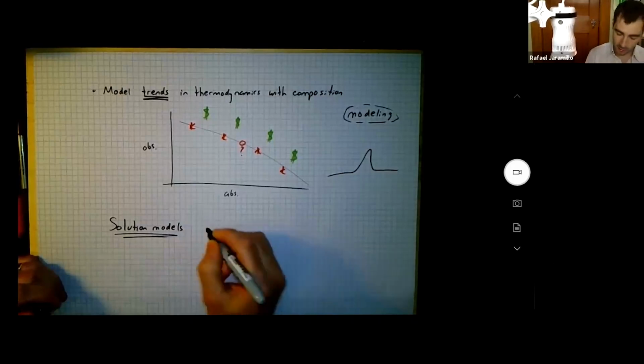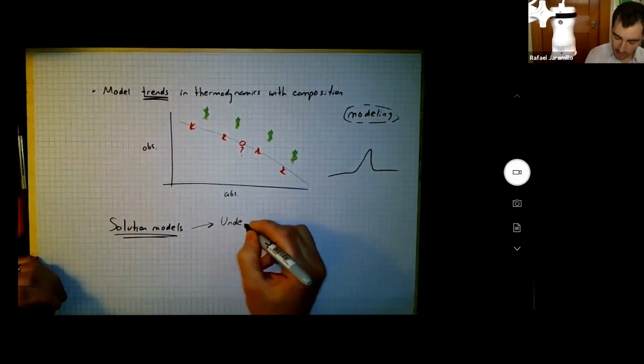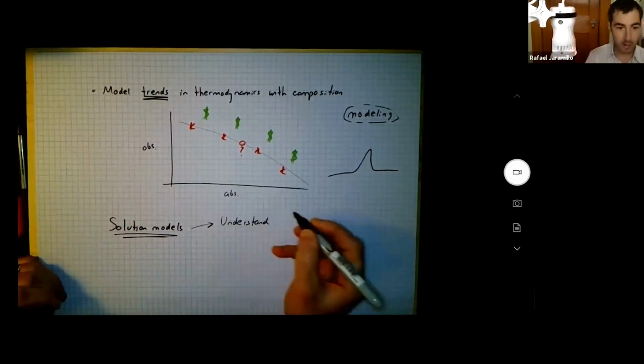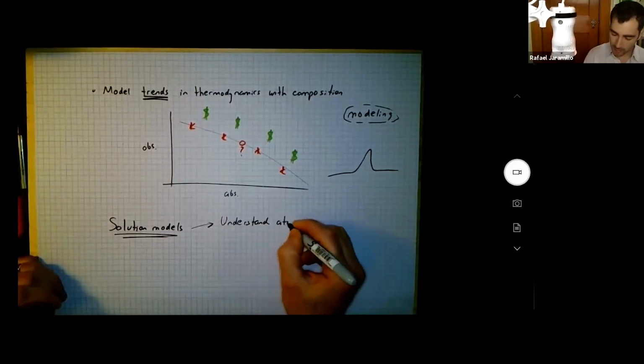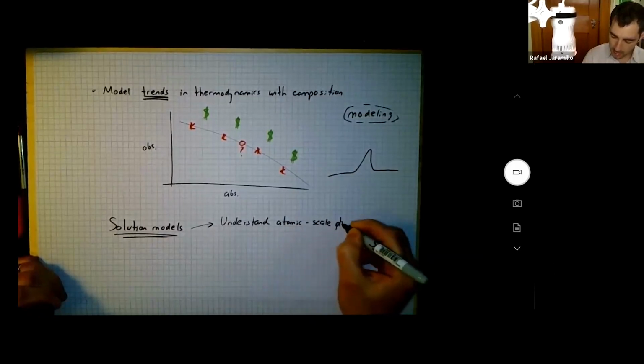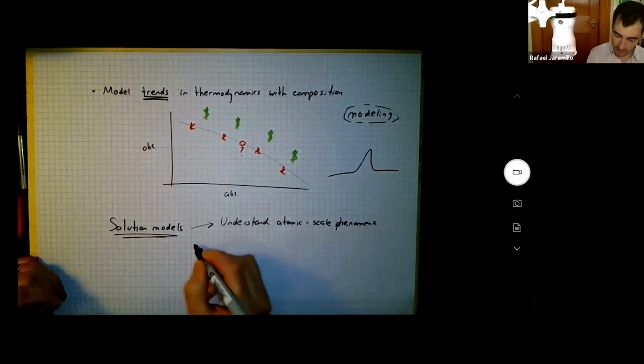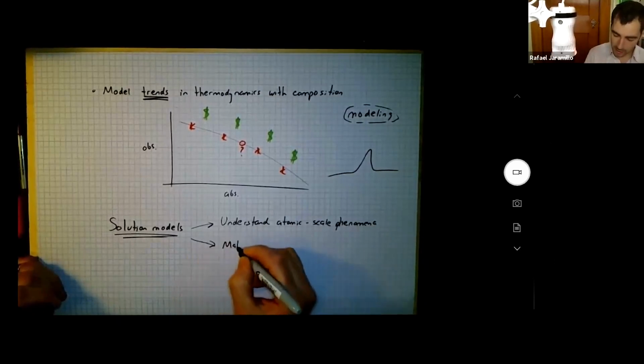Solution models are used in two ways. First of all, we use them to understand atomic scale phenomena. We use it for understanding, and we use it to make predictions.